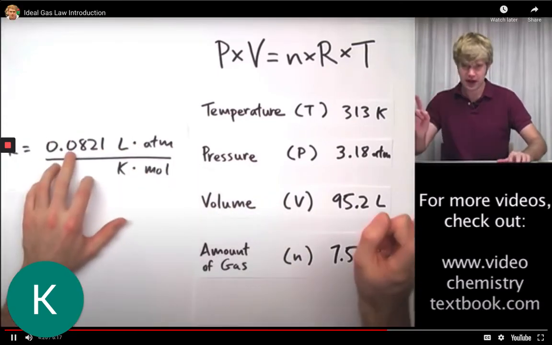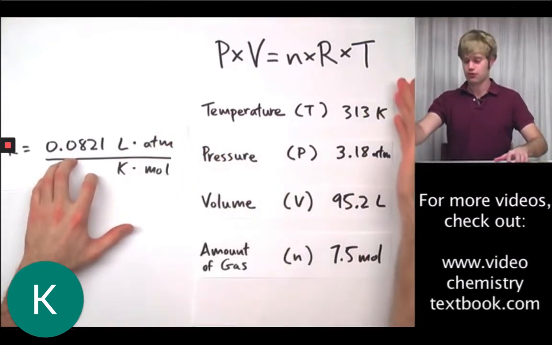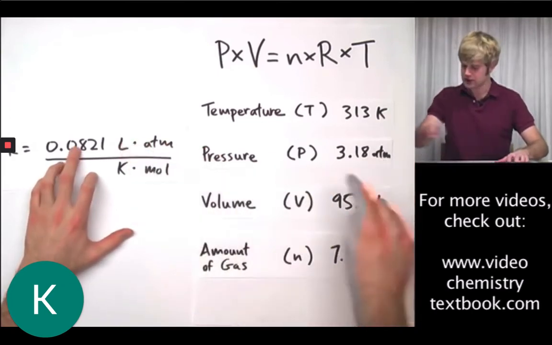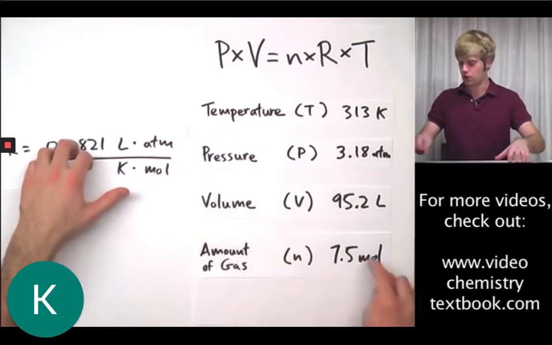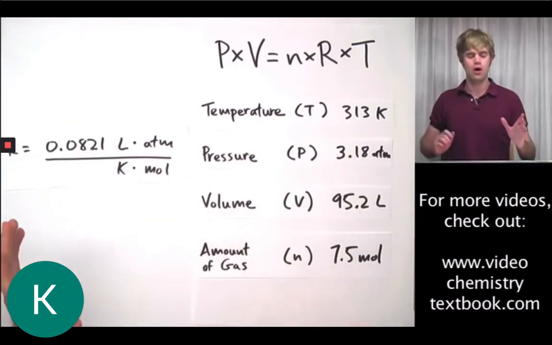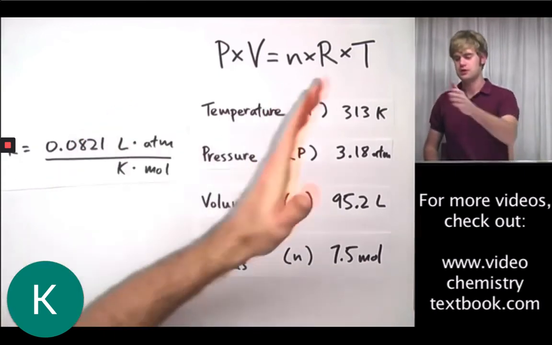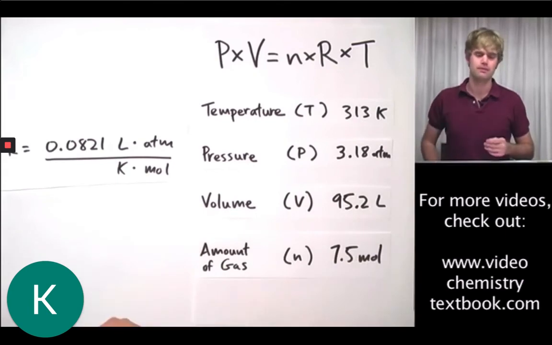And check this out. The units on R match the units in my problem. They match the characteristics that I'd be using, right? So I have liters here, liters there, atm, atm, Kelvin, Kelvin, and moles, moles. You always want the units on R to match the units of the characteristics in your ideal gas problem, okay?